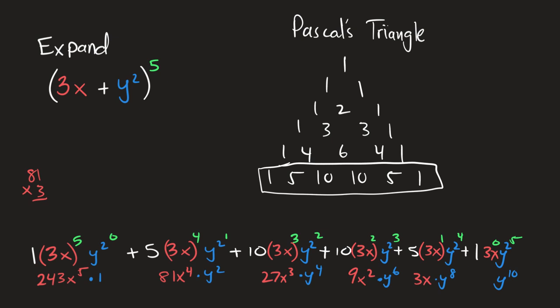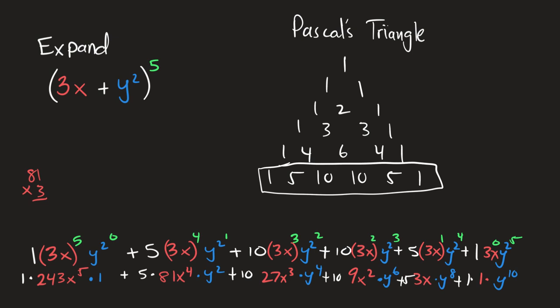And I probably could have put 1 at the very end, although it doesn't really matter all that much. This is 1 times that, okay? And if I were to give all those coefficients as well, plus 5 times that, plus 10 times that, plus 10 times that, plus 5 times that, plus 1 times that.